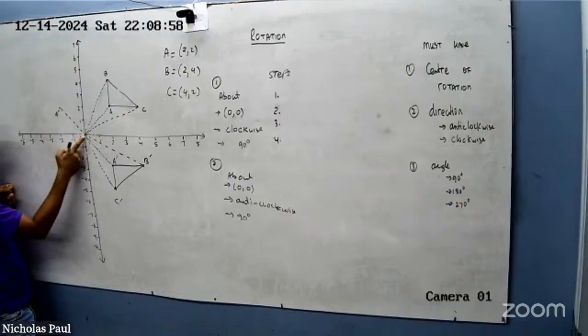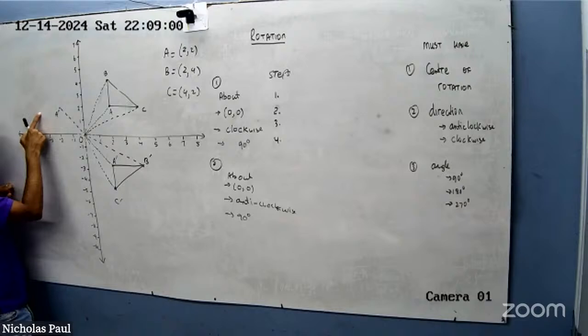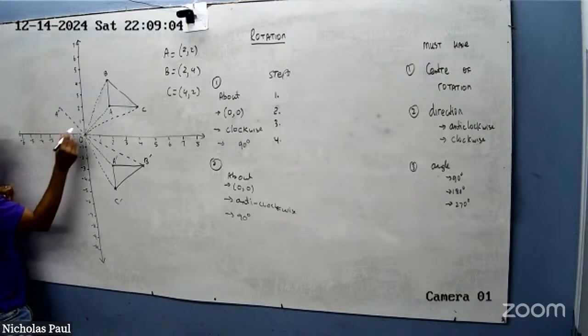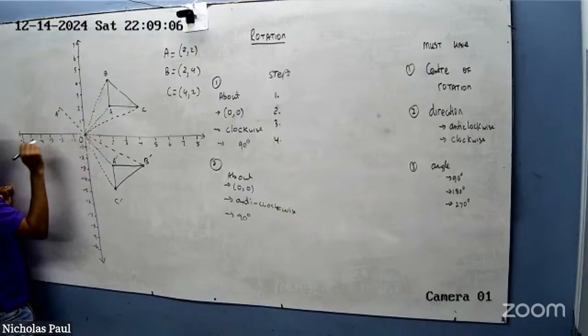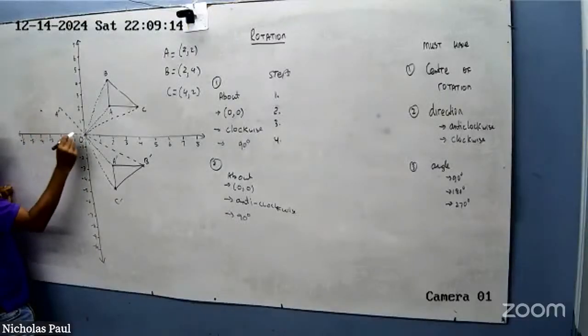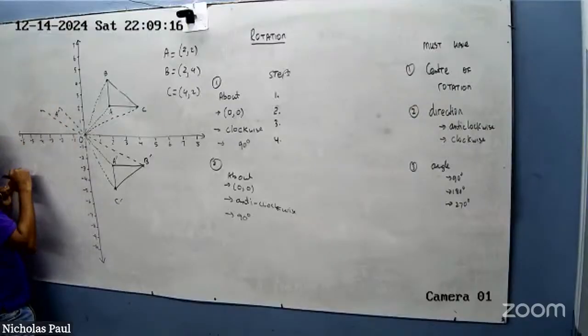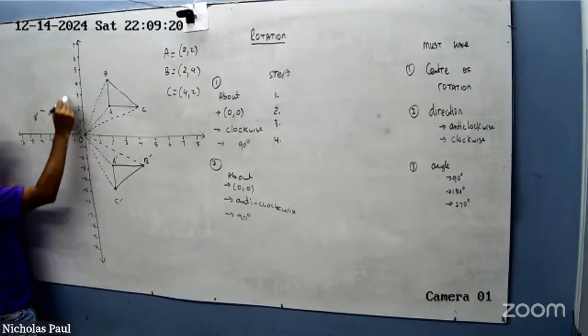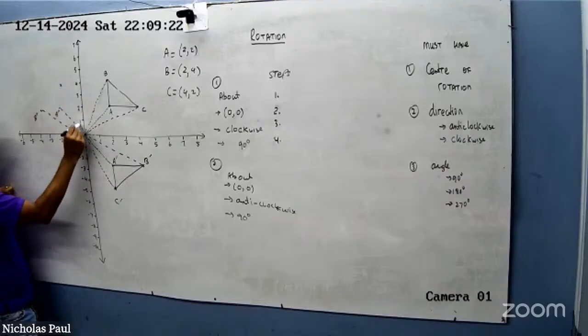What did you all get for B? Minus 4, 2. Minus 4, 2, right? That's here. And then C will be here. Minus 2, 4.